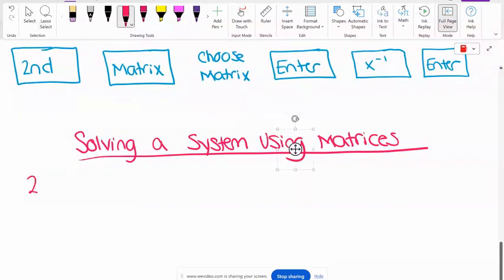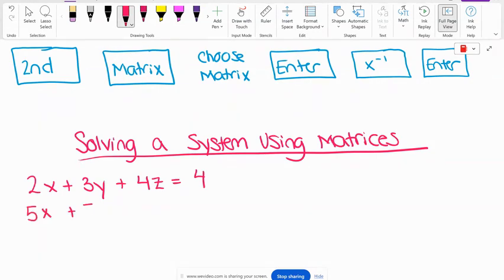So let's say I have the system 2x plus 3y plus 4z is equal to 4, 5x plus 7y plus 8z is equal to 9, 3x minus 2y minus 6z is equal to 7.